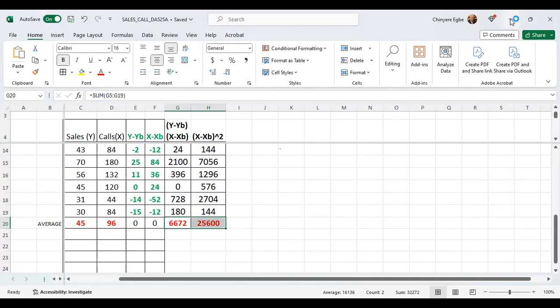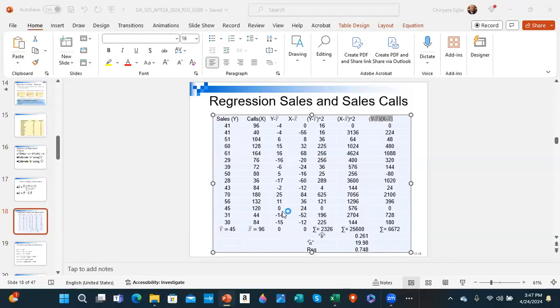And get back to our regression model. As you can see here, the summation of y minus y bar times x minus x bar is 6672, which we obtained over there.